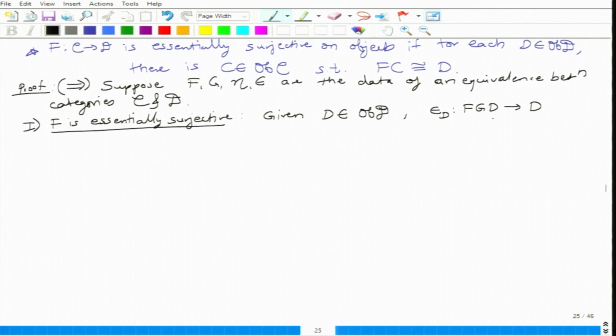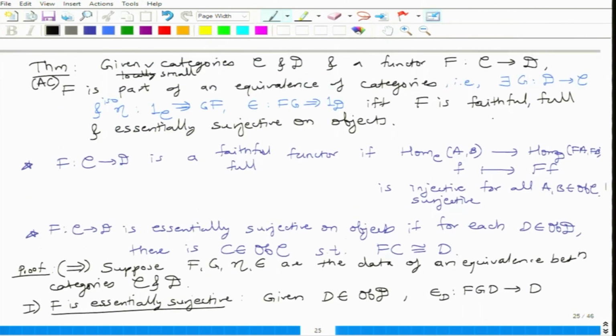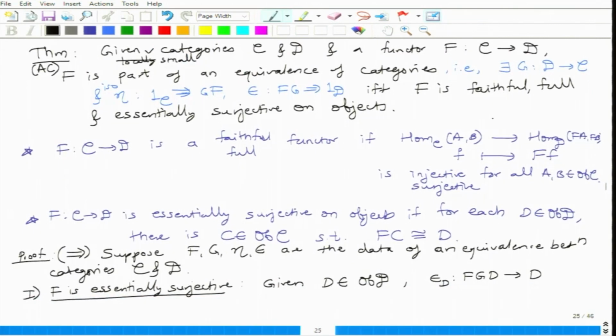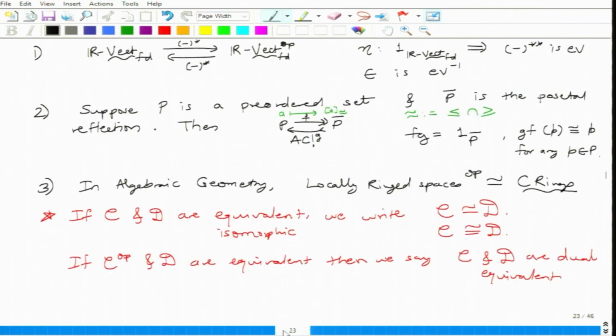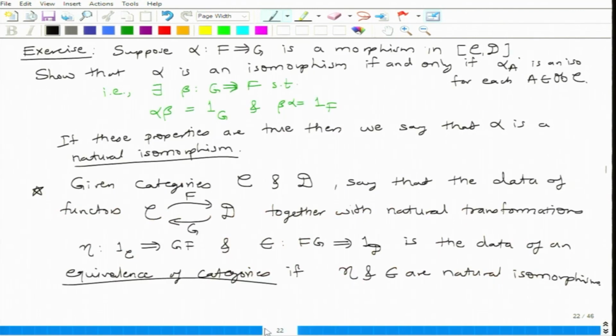If you have forgotten, let me quickly go up. We have said that there exists a G such that these are natural isomorphisms. And if you remember, what did we say about natural isomorphisms? There was a remark earlier. Let me go back to an appropriate place. Yes, look at this exercise: if alpha is a morphism, show that alpha is an isomorphism if and only if each component is an isomorphism.